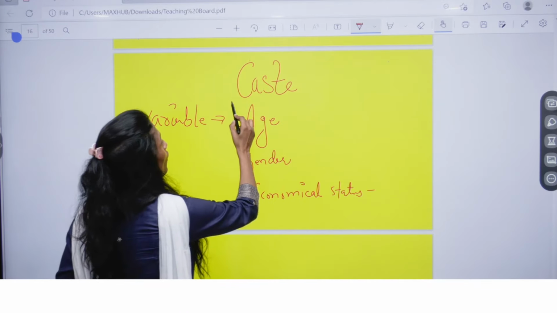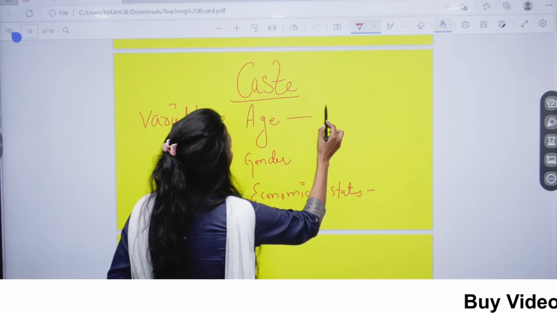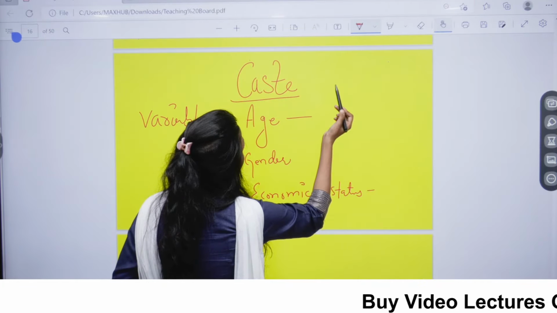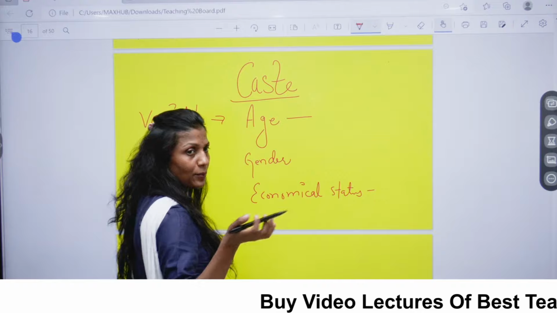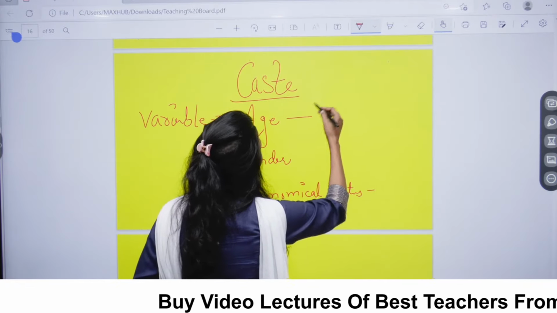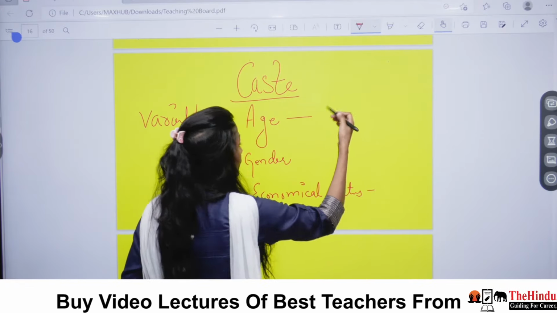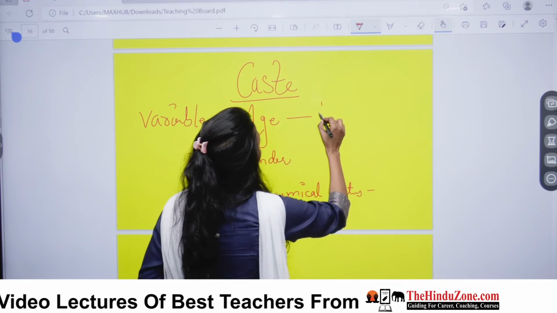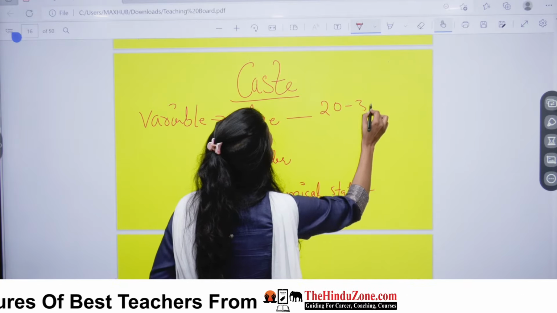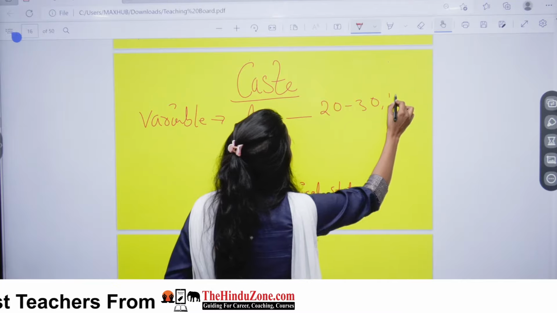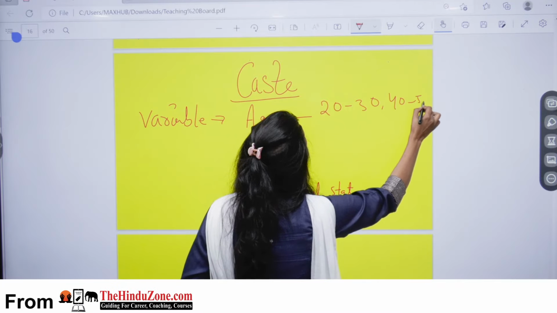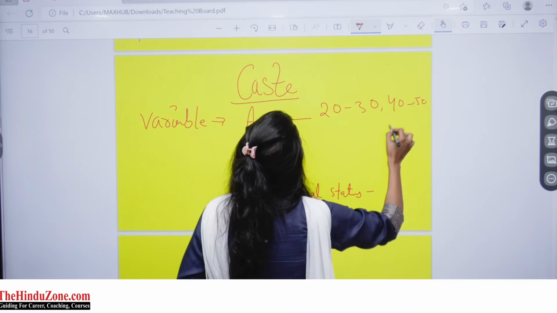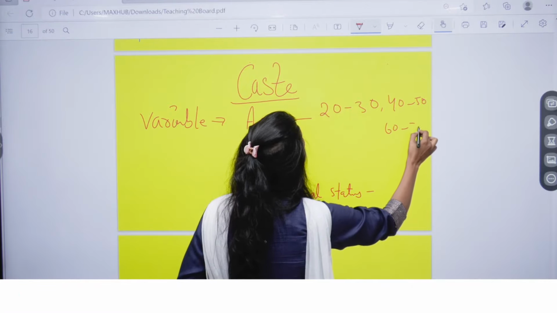So what if I have done a sampling and decided that I'm conducting the research on groups who are between 20 to 30, then I'll take another slab 40 to 50, and then 60 to 70.